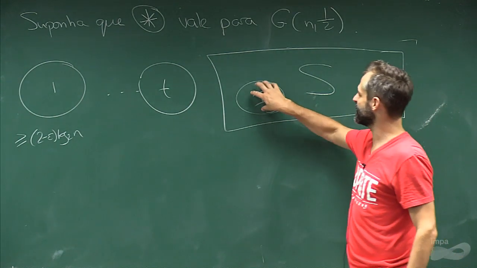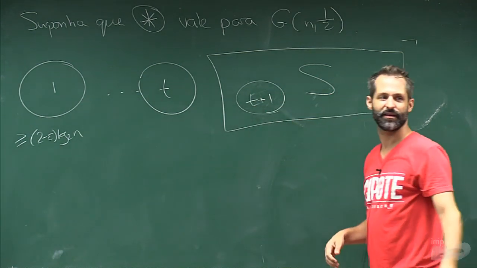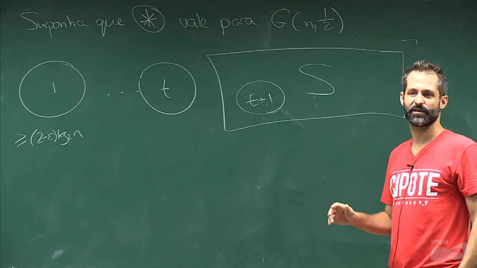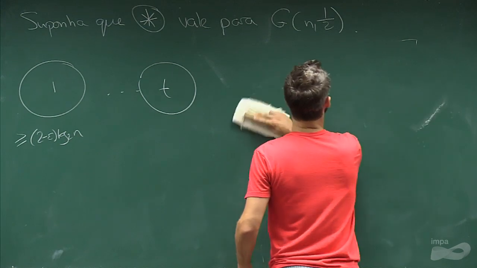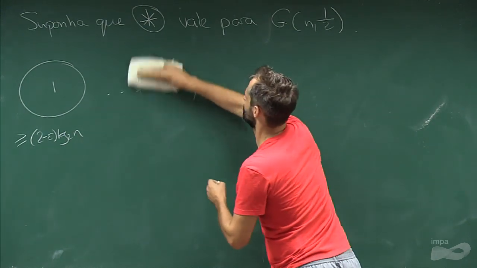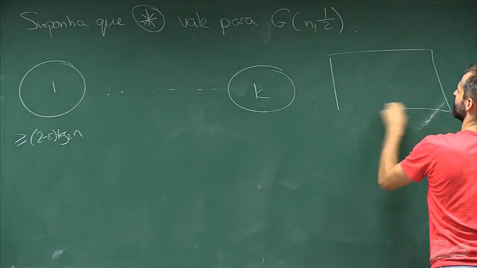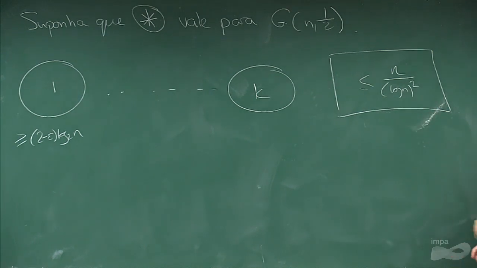I'm just going to take this, give these color t plus 1, and then remove them from S. And I just continue until what's left has size at most n over log n squared, so I can't apply this lemma anymore.